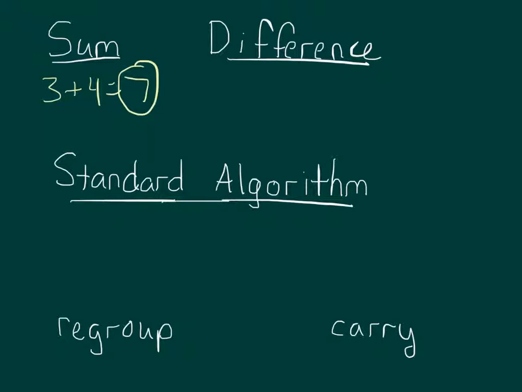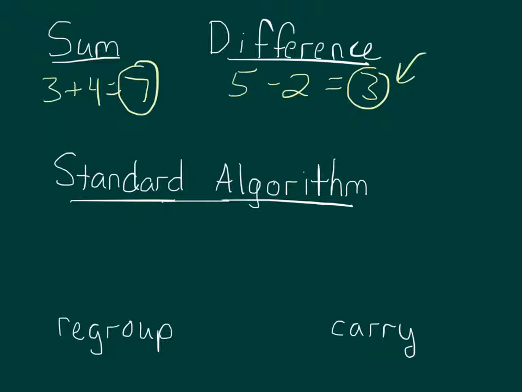The difference is an answer to a subtraction problem. The difference of 5 and 2 is 3. Okay? Standard algorithm refers to, in this case, the standard algorithm for adding and subtracting multi-digit numbers.